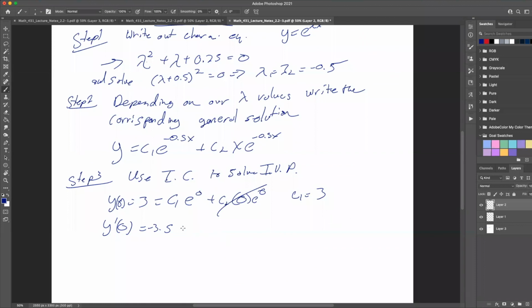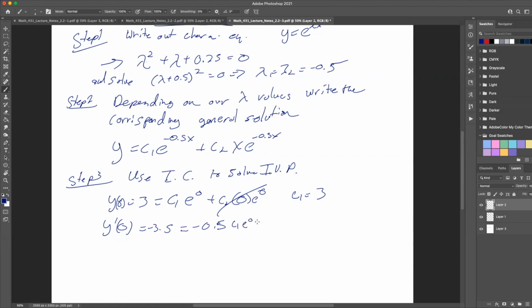And so if I took this derivative, hold on, I'm going to do this real careful. This derivative is minus 0.5 C1, which I know what C1 is, but I'll leave it off for a second. I'll plug it in a second.